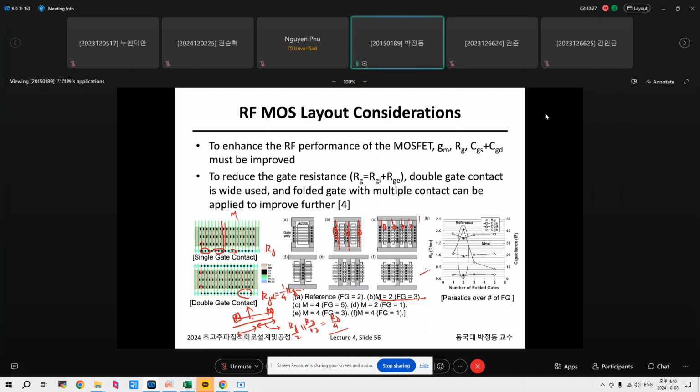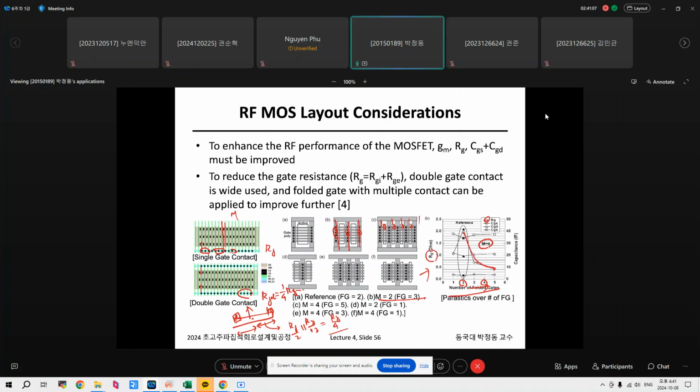So the result is here. This is the example for M equal to 4. As the number of folded gates increases, compared with the number of 2, the number of 4 has a much smaller gate resistance, reduced quite a lot.